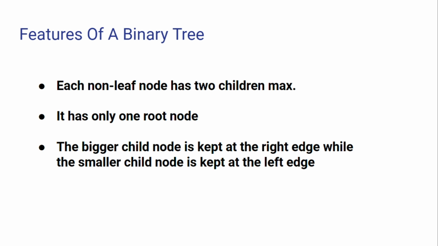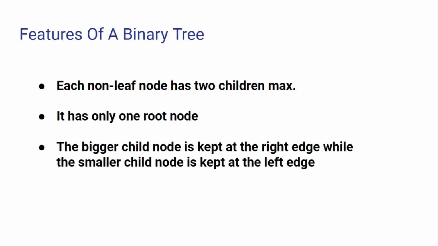The second feature is that it has only one root node, so it can't have more than one root node, unlike the B plus tree that can have more than one root node, like 4 nodes can even be the root. The next and last feature, there are other features, but they are not that important with regards to the implementation, is that the bigger child node is kept at the right edge, while the smaller child node is kept at the left edge of the tree.